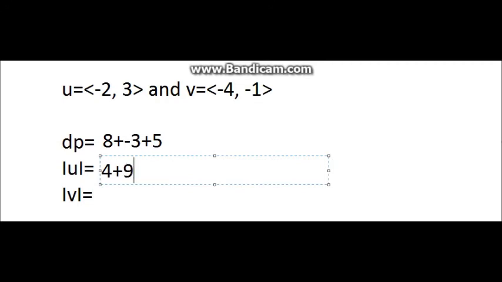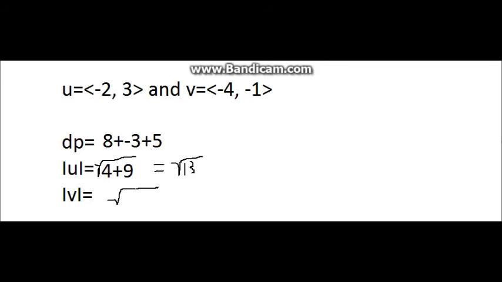The length of u: 4 plus 9, 2 times 2 is 4, 3 times 3 is 9, square root, equals the square root of 13 again. And for the length of v, we have the square root of negative 4 squared, which is 16, plus 1, equals the square root of 17, obviously.